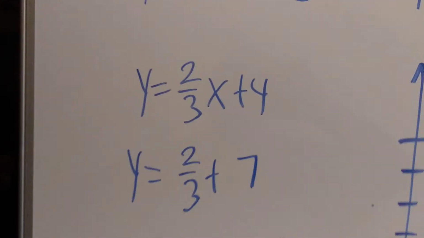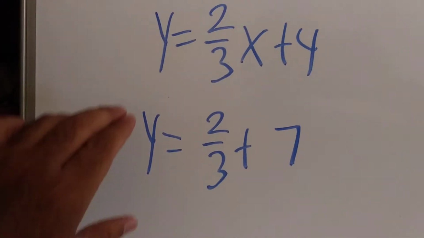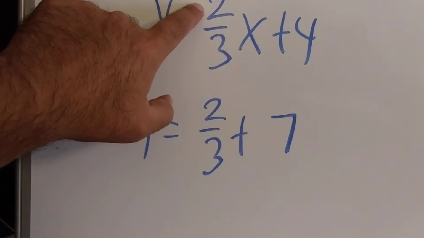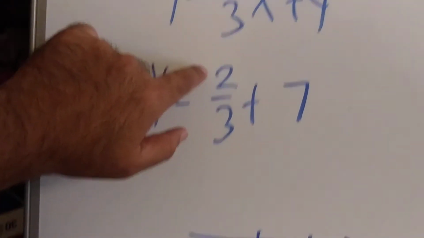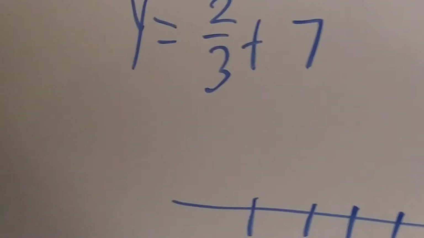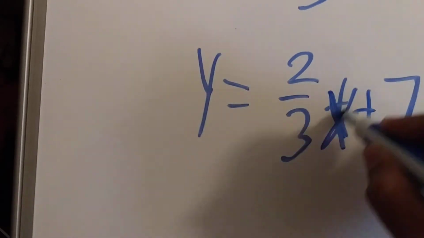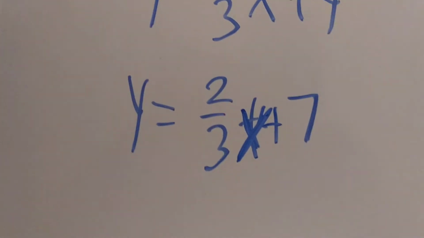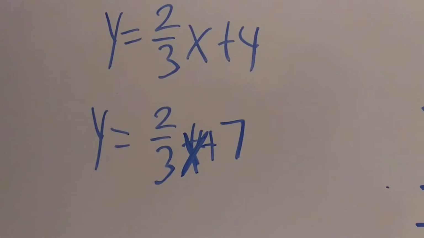Then the one thing that you're going to look at to determine if the lines are parallel is if the slope is the same. So in this case, the slope is the coefficient, right? So 2/3 x, 2/3 x. Sorry, I didn't put the x in here. Right? So parallel lines have exactly the same slope.